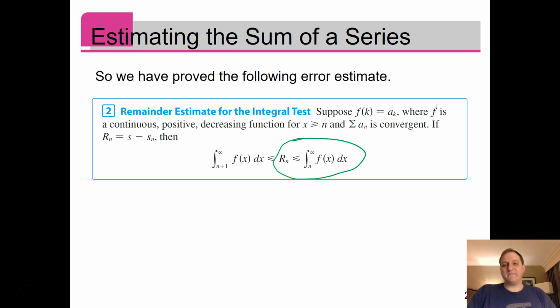And just as a reminder, this is how good our estimate is if we just use the first n terms. The other thing is, you can estimate the sum of the whole series by adding Sn to everything here, and that is useful too, to say, oh yeah, it's going to be between this and this.